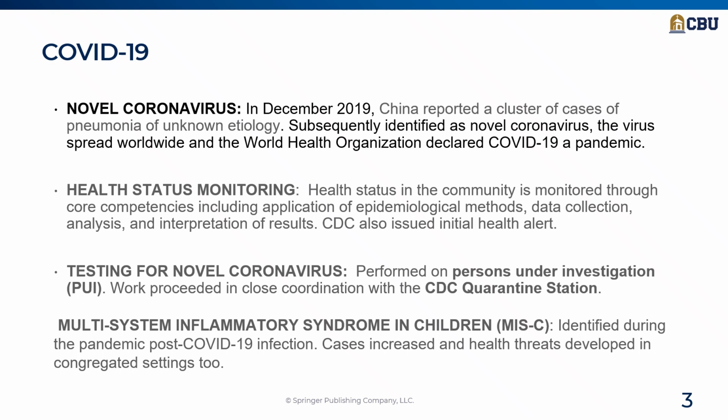Screening at airports and surveillance of ICU admissions and deaths helped to detect the spread. As the pandemic evolved, new challenges emerged, including MIS-C in children and severe impacts in nursing homes and high-density workplaces. And this all required expanded surveillance and infection control.